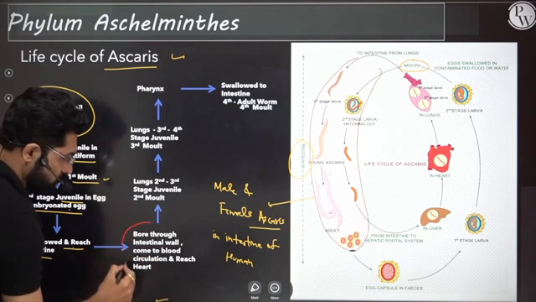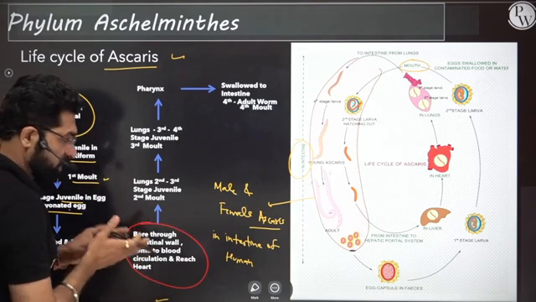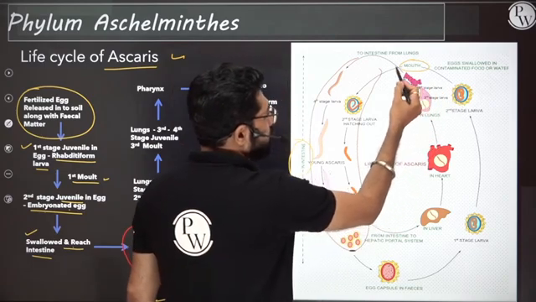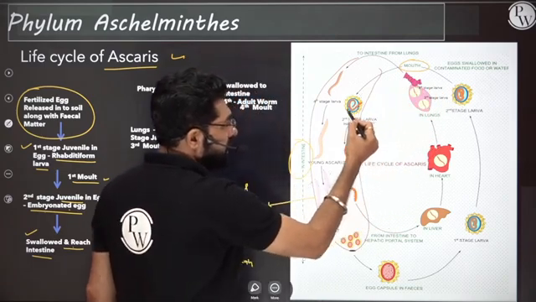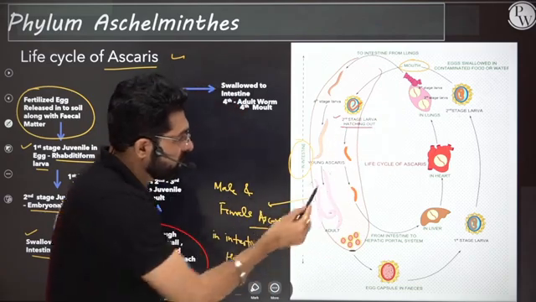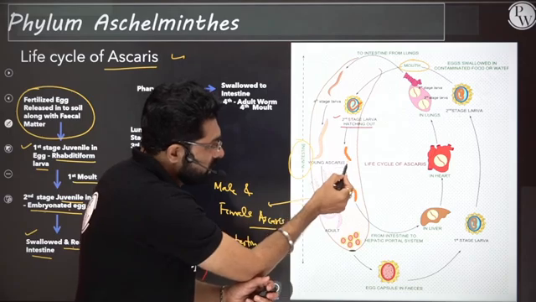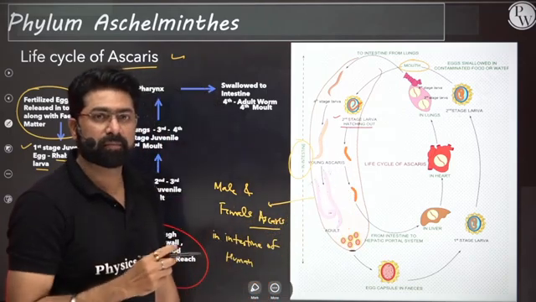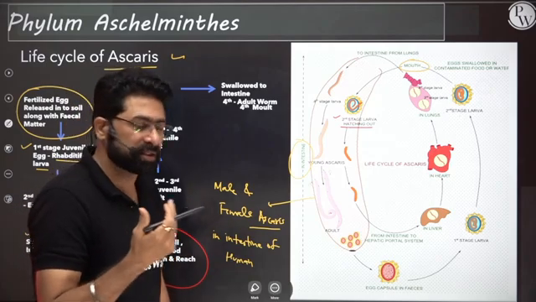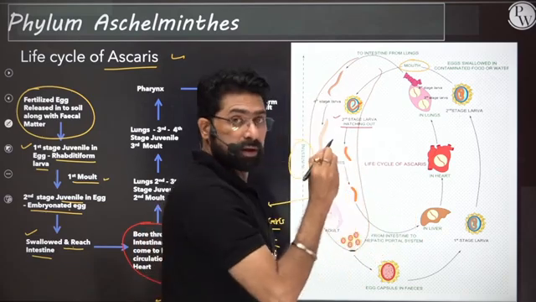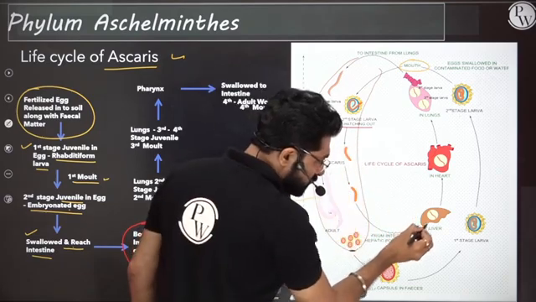So they bore through the intestinal wall and go into the circulation. The second stage larva hatches out in the intestine and goes into the hepatic circulation. Through the hepatic portal system it enters the liver.